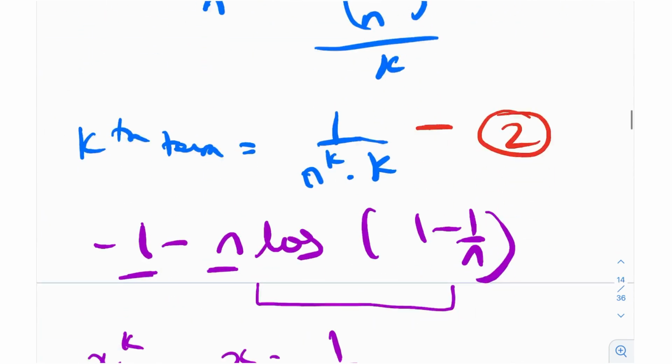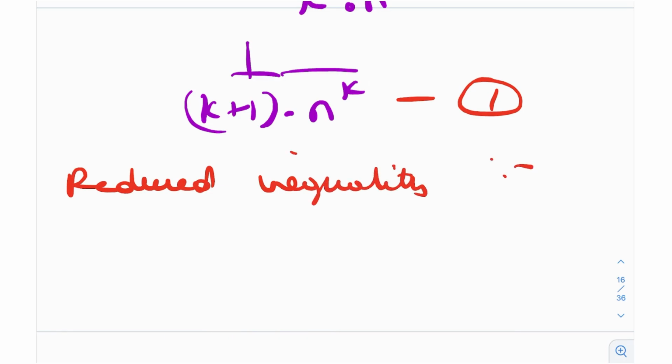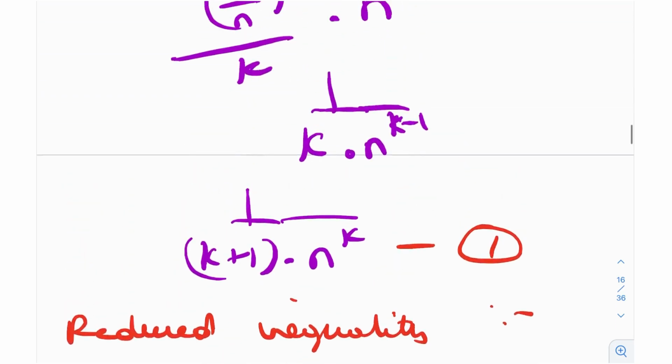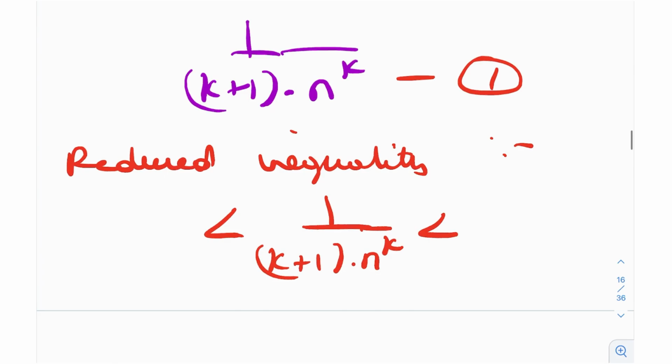So what do we have from these three quantities? We essentially have now reduced the inequality to proving this simple inequality. Well, this one thing comes in the middle. This becomes k plus 1 times n raised to the power k. Equation number 2 comes on the right hand side, which is 1 by n raised to the power k times k.